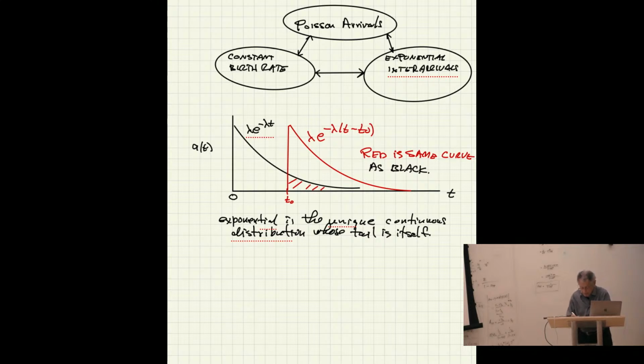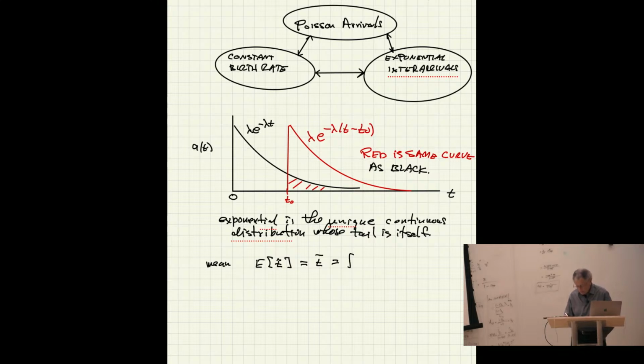Let's find the mean. Namely, I want the expected value of this interarrival time. And we use notation t bar for that.